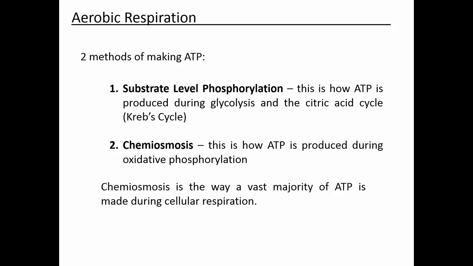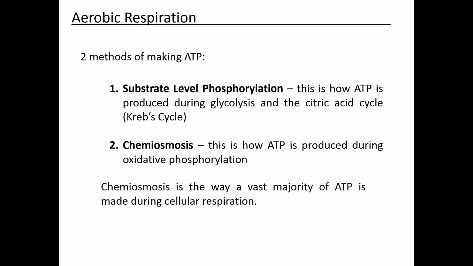And there's actually two methods for making ATP, so these are two different processes for producing ATP. One is called substrate level phosphorylation, and the other is chemiosmosis. Okay? And in aerobic respiration, both take place, but most of your ATP gets produced through chemiosmosis.